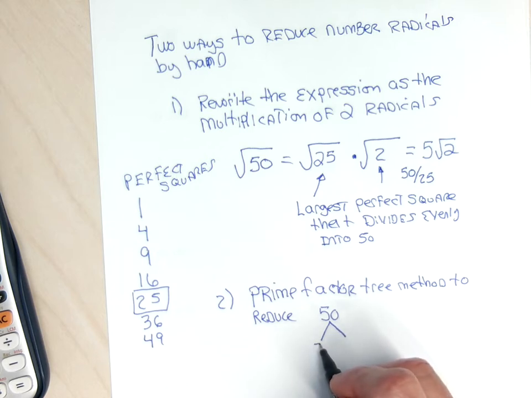The ones I can think of are 5 and 10. 5 is a prime number, I'm going to circle it. 10 is not prime, I'm going to make a branch.